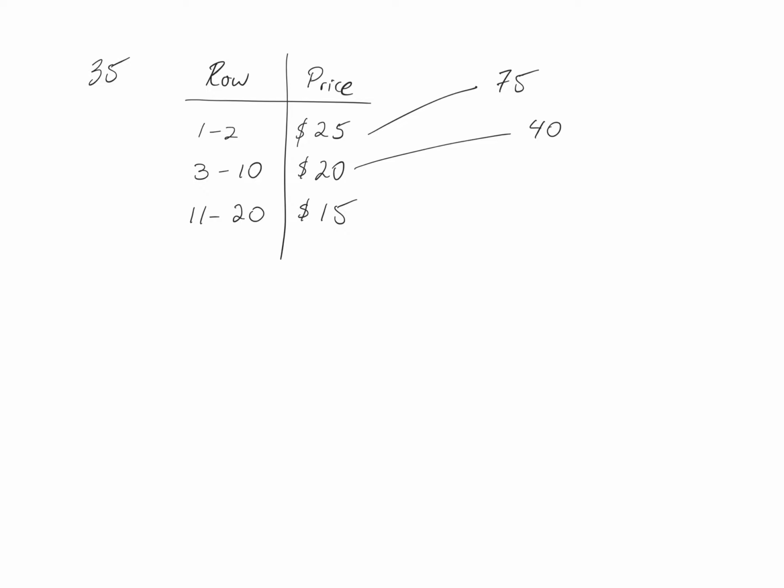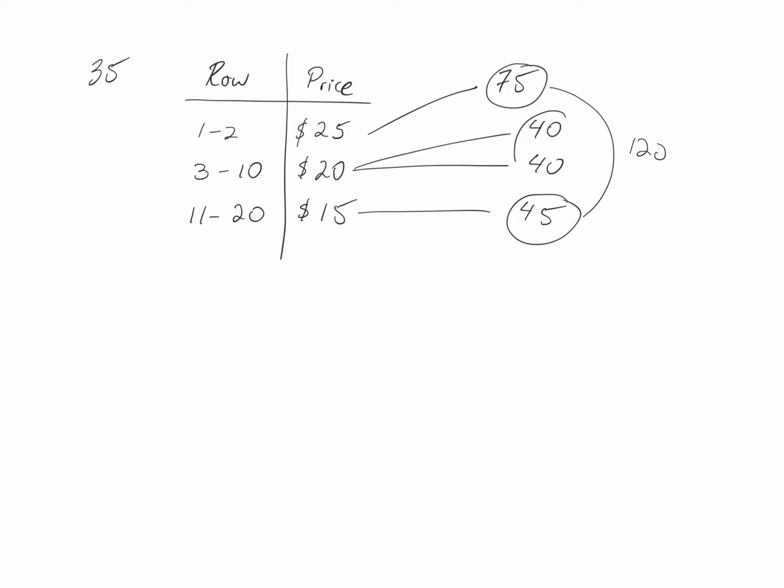And 2 tickets from row 4, also $20 each, so $40. And then 3 tickets in row 12, and so that's going to be $45. If we add 75 to 45, we get 120. And these make 80. So the total is 200, divided by 10 tickets is $20 per ticket.